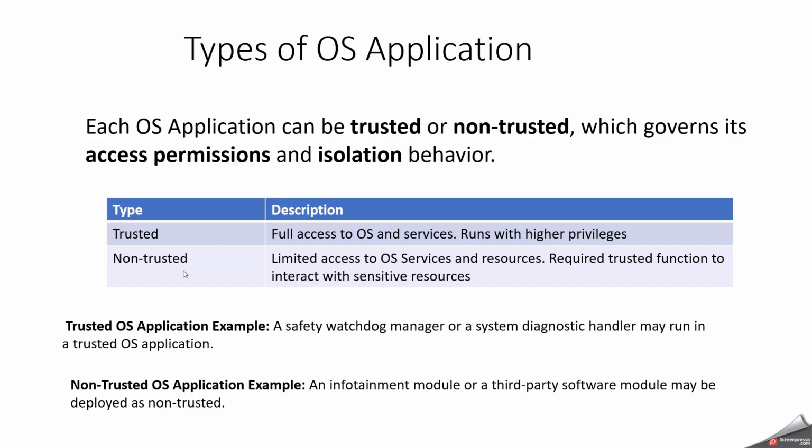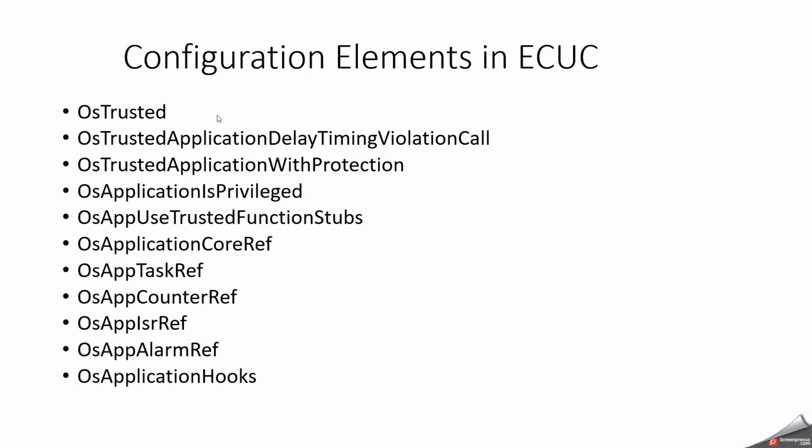So non-trusted OS applications are not allowed to run in privileged mode when supported by the processor. So we can assume in a way the operating system module itself is trusted. The example for non-trusted OS application is an infotainment module or a third-party software module, which may be deployed as non-trusted OS application.